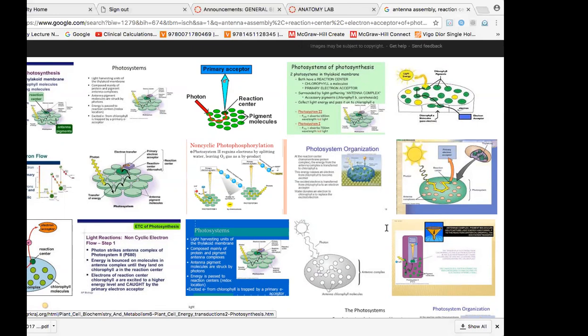And the electrons may go through the cyclic flow, the other one, and we'll see what happens in the video. But the whole point is that the protons want to go back to the outside, and by doing so, they go through something called an ATP synthase port, and that generates ATP. But all of that will be explained in the videos much better than I can.